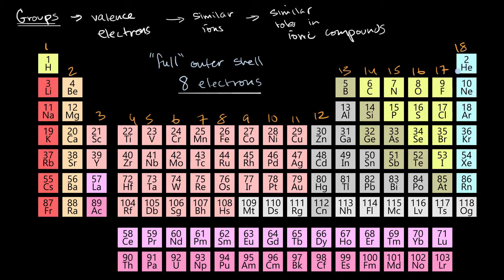Now, if we go one group to the left of the noble gases, we get to the halogens. Now, the halogens have 7 valence electrons. So you can imagine they're only 1 electron away from having an electron configuration like the noble gas to the right of each of them. So these halogens really like to attract electrons to form a negative ion or an anion.